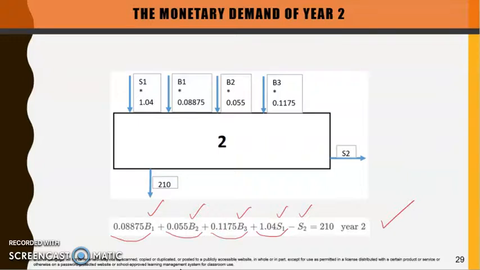So as an explanation of this type of thing, let's do it quickly together. It is year 2. For year 2, you have some expenses, that is 210, the amount of money that you need to give to the people who retired sooner at the beginning of year 2. You have some incomes that you need to cover these expenses with.